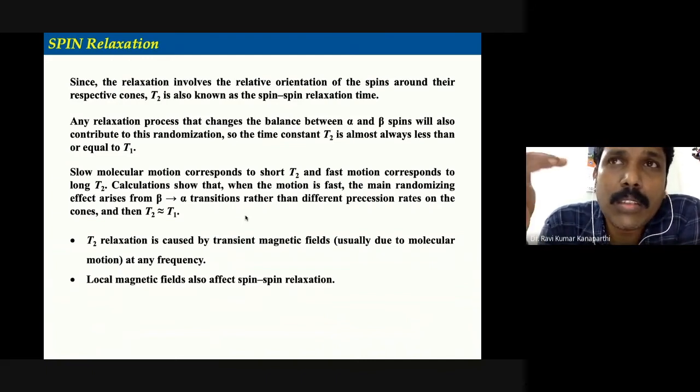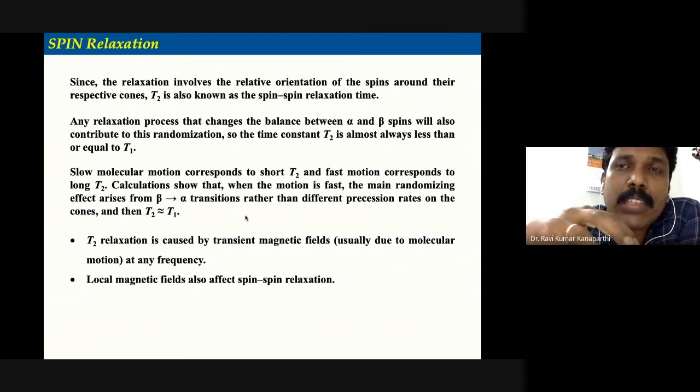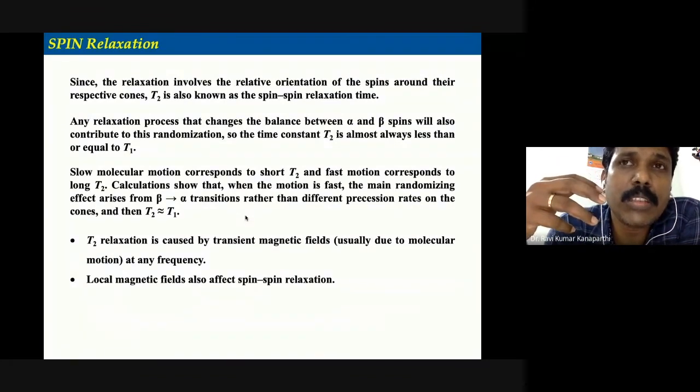Similarly, the spin-spin relaxation time, or transverse relaxation time T2, is nothing but the randomization, or losing the phase coherence. After applying the pulse, generally all the nuclear spins combine together as a bunch. They try to precess at a particular angle based on the type of pulse that you apply.